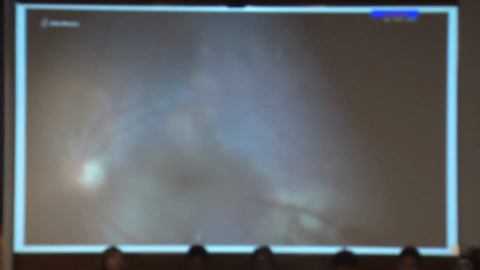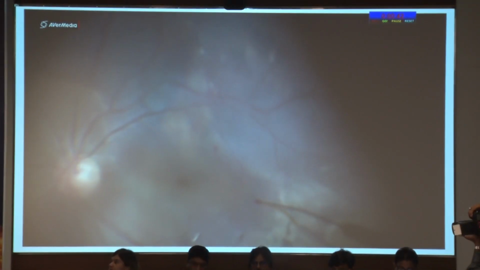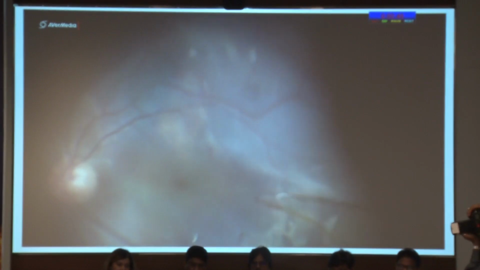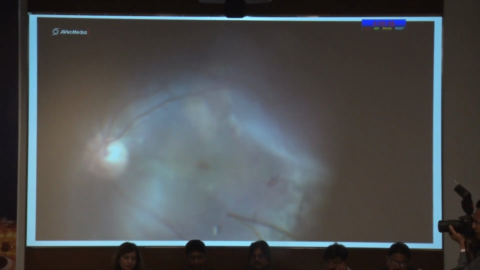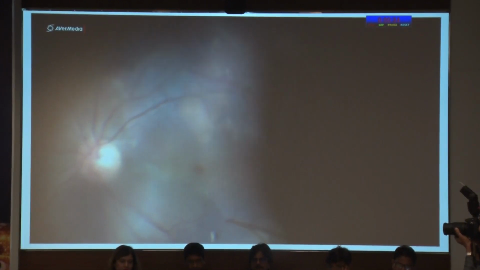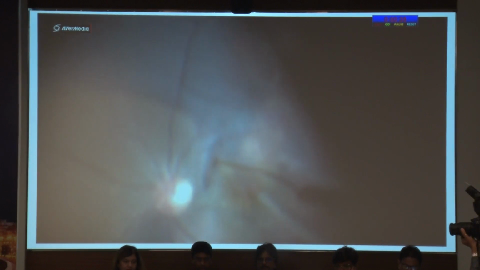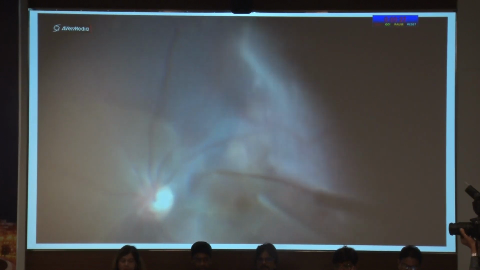Now I am injecting subretinal TPA with a 38-gauge subretinal needle at multiple sites. After these injections, we waited for 10 minutes for TPA to act and the clot to dissolve.